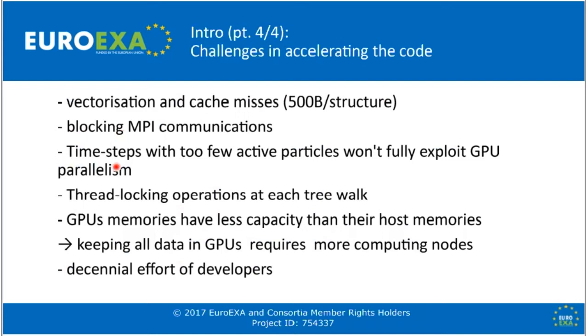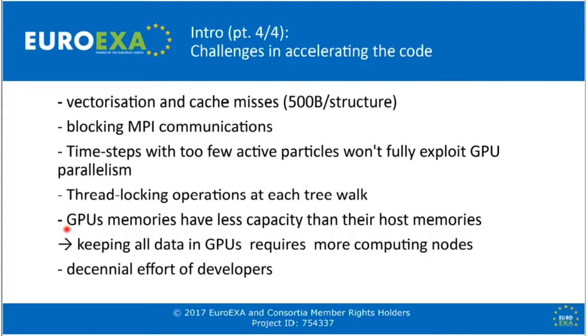There may be time steps with very few active particles that won't fully exploit the GPU parallelism, thread blocking operations, and another problem that I didn't mention is that at least when we were doing things at CSCS, you will have a node with a very large RAM memory that in principle will fit many more particles than the equivalent if you were running the whole problem on the GPU.